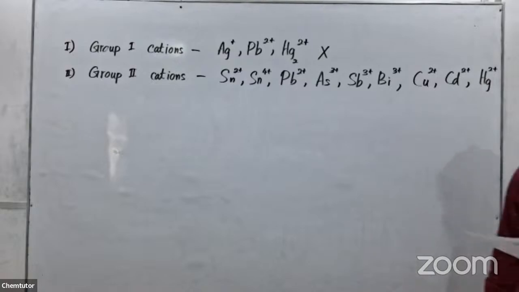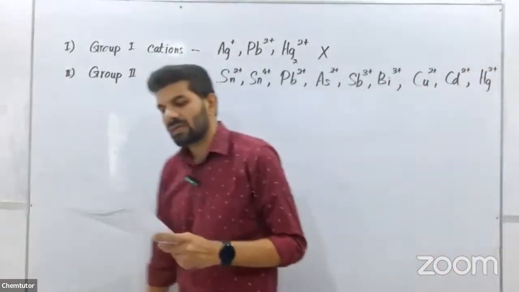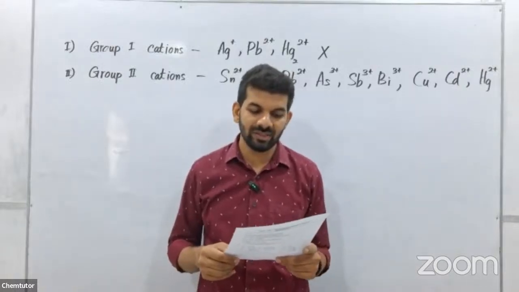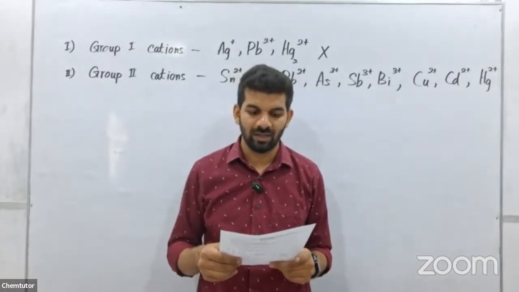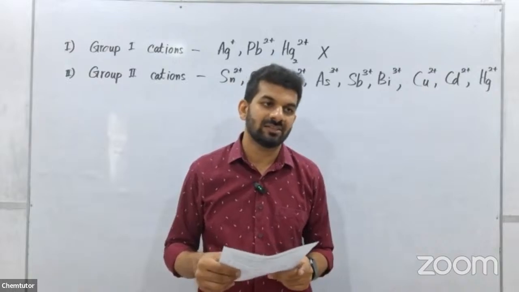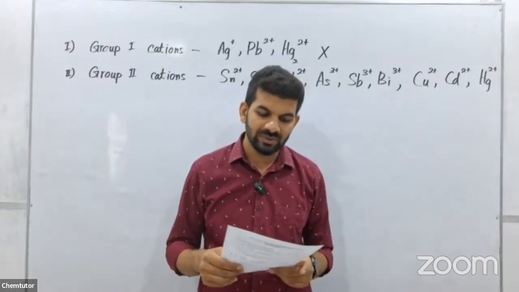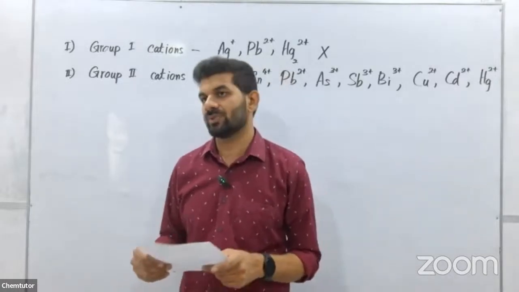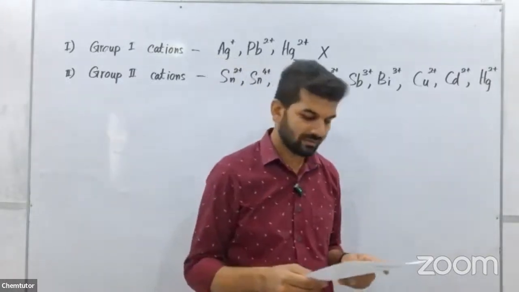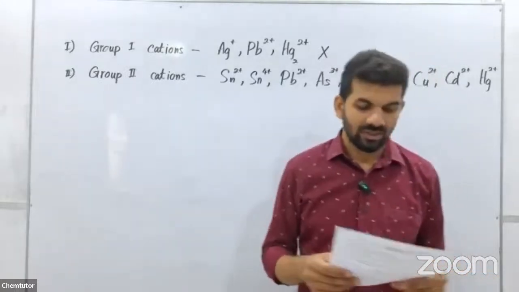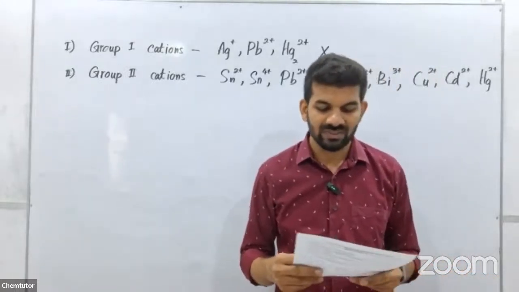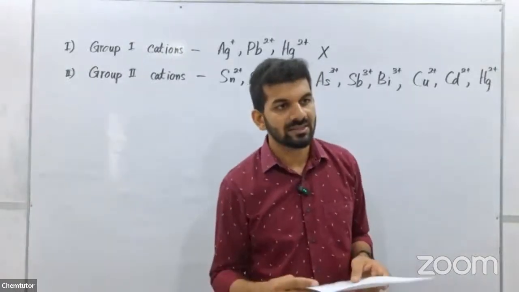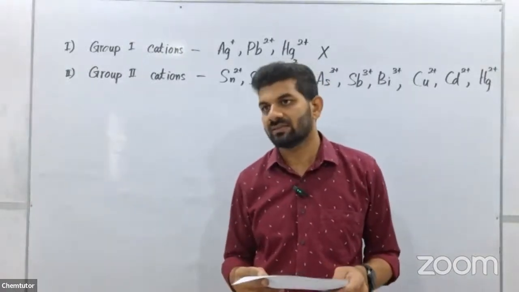Right. So then let's move on to the third experiment. The above solution 2 is diluted and bubbled again. Now here we have used concentrated HCl. Now the solution is diluted and bubbled again. A yellow precipitate is observed. Now, out of the sulfides, only zinc, cadmium, manganese, and iron sulfides dissolve in dilute HCl.